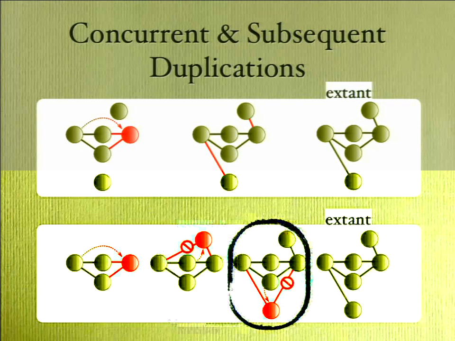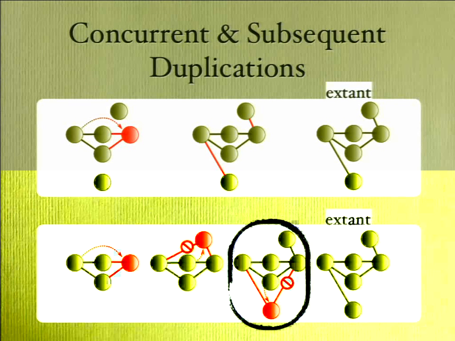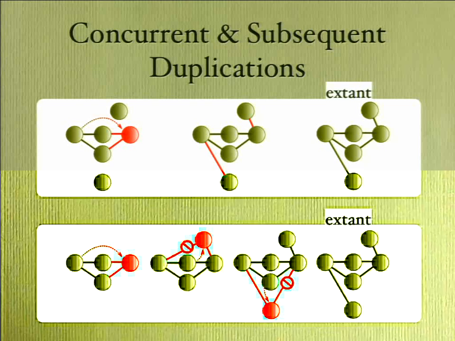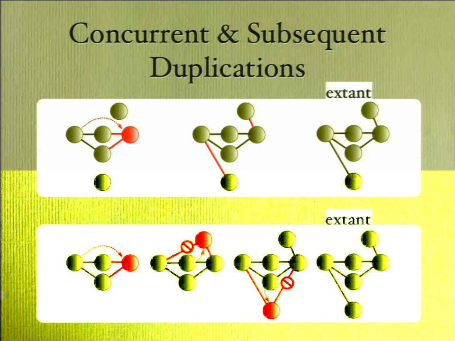And then another neighbor duplicates later on in evolution, and you also lose some interactions due to duplication. And so what you end up with are identical outcomes for how that extant network came into being. And in fact, there are other lines that we looked at to validate this. So for instance, you'll find that paralogs are indeed enriched for other paralogs as far as what they're interacting with.